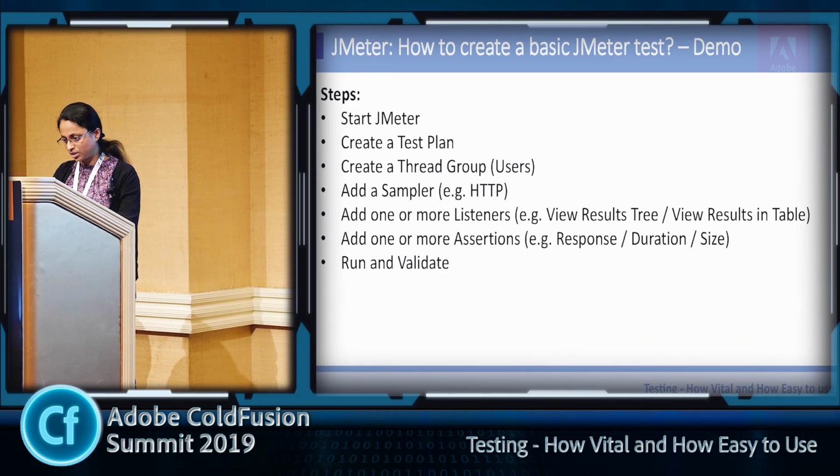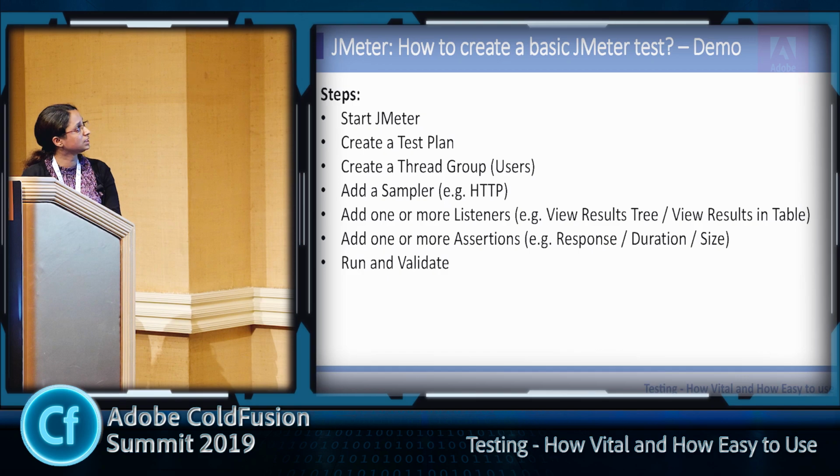You don't have to mention the protocol because that's already here, so I'm just getting rid of this HTTP. That's my website. Since this is a home page, the path would be just this. So I'm testing my home page with 10 users 3 times, so 30 requests total.